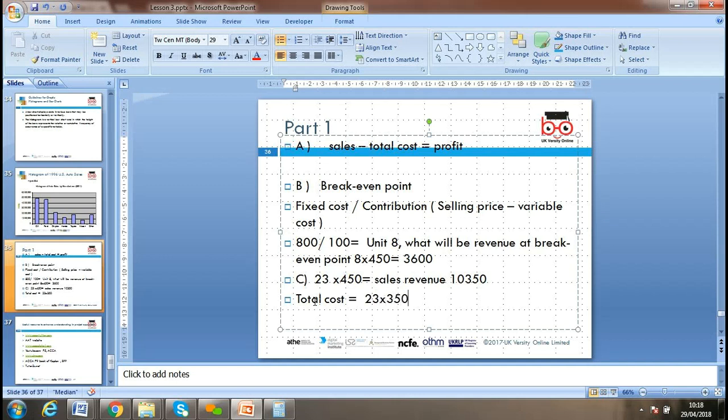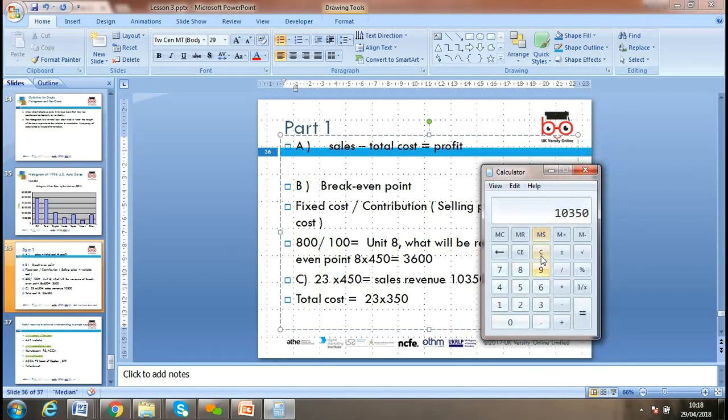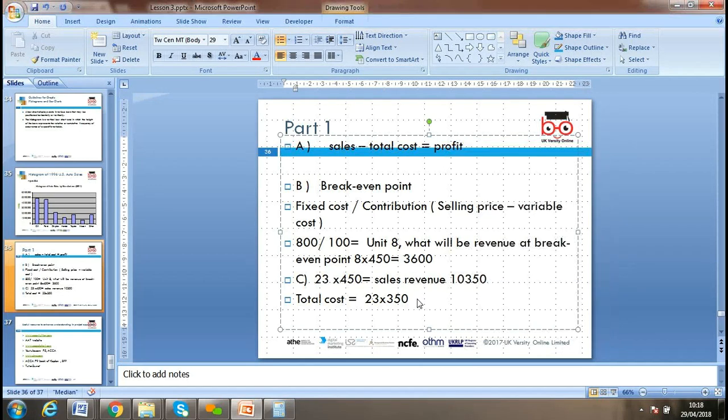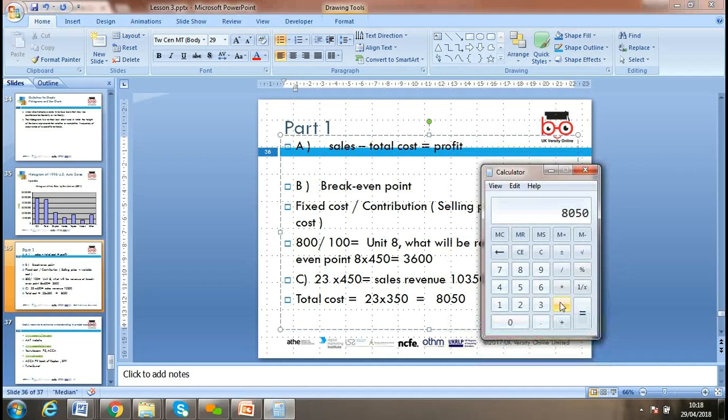Equal to 8050. So take the difference. 2300 will be profit.